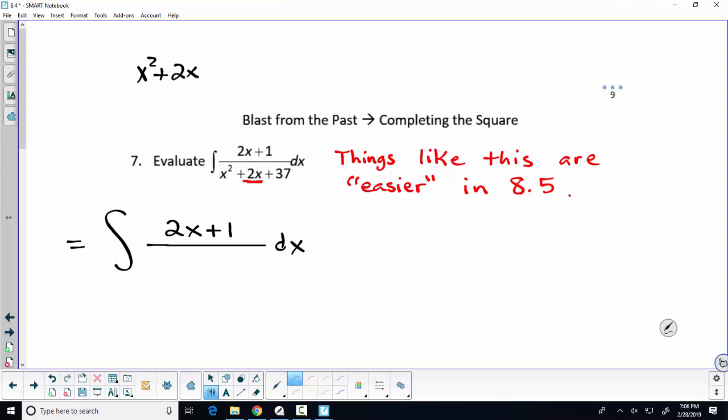So we take half of 2, which is 1, square that, which is 1. So we add 1 there, we subtract 1 here. This is a perfect square. X plus 1, quantity squared, plus 36.